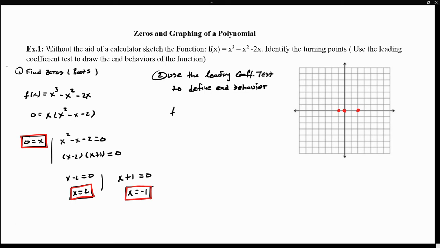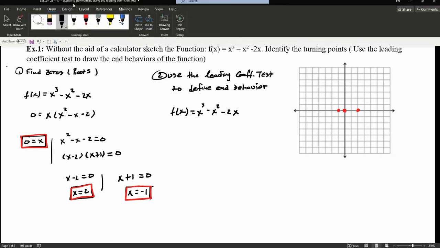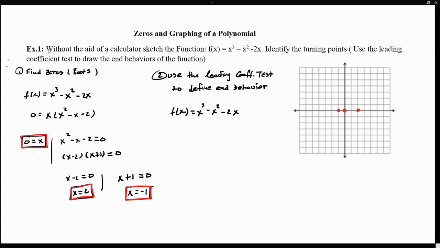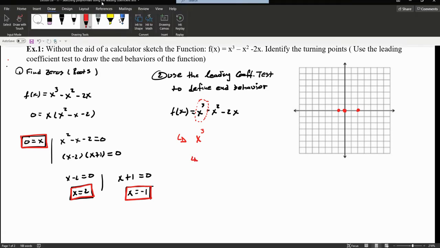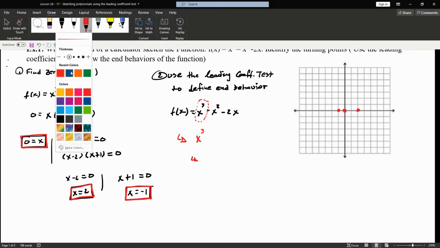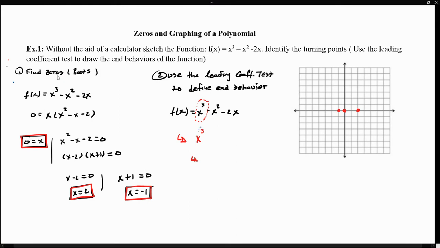Well, remember from our previous lesson, if this is how my initial expression is defined, I'm just going to take a look at the leading coefficient, or at least the leading term, x to the third. But notice that x to the third, the exponent in the leading term, is of an odd degree. So we have an odd exponent.